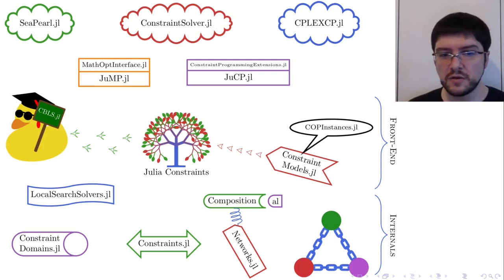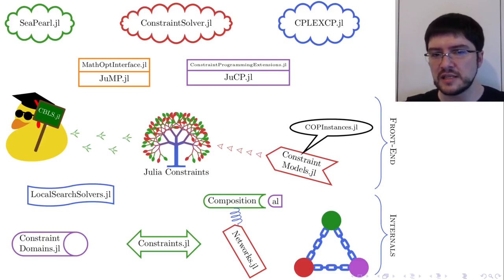Then comes JuliaConstraints with, on the first line, the front end, a set of packages that are the main packages to be used by a normal user. And the last line, internals, are the packages that are mainly there for people that want to fine-tune things. It's within the internals and those front-end packages that we can find some packages that would be a shared common ground between the different solvers in the constraint programming community in Julia.